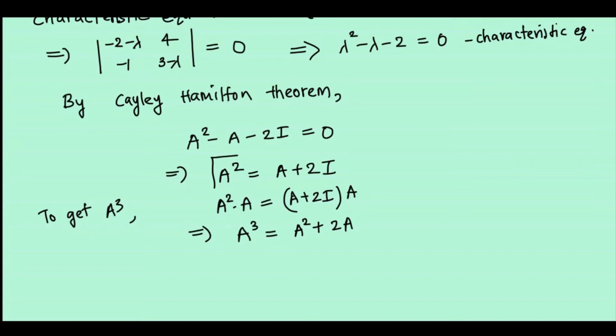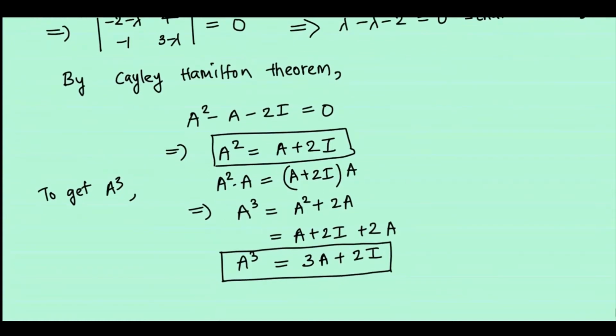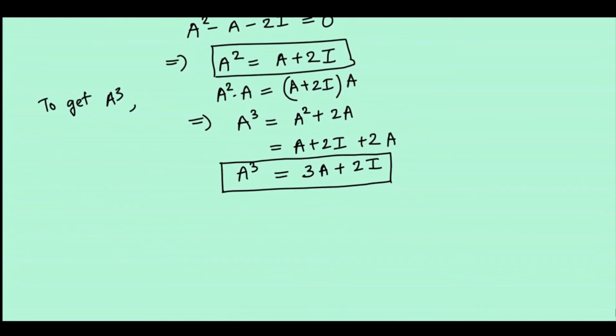We have A square is A plus 2I. So we can substitute the value. So this is A plus 2I plus 2A. So this is 3A plus 2I. So it means that A cube is 3A plus 2I. So for getting A cube, we need not multiply A 3 times, but what we can do is simply do 3A plus 2I. So that is the advantage of this Cayley-Hamilton theorem.